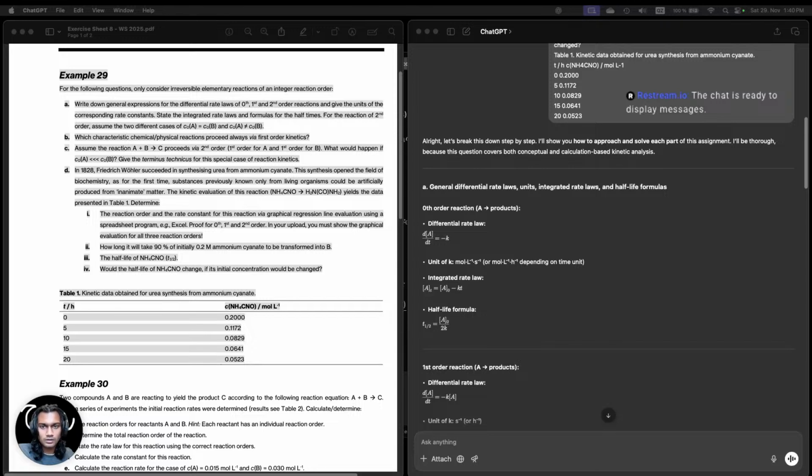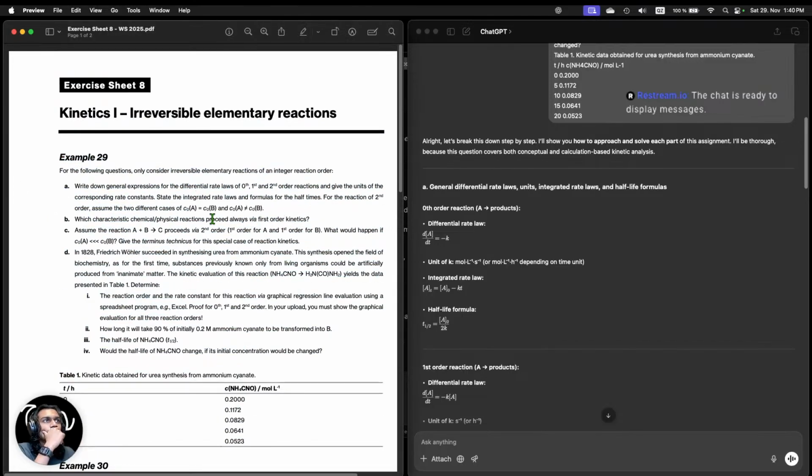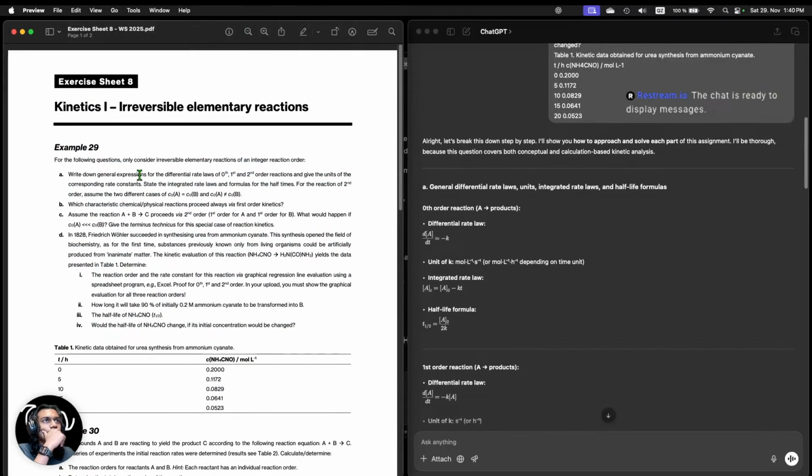Well, it's time to start with the timers. Make sure you set a timer for 30 minutes. For the following question, only consider reversible elementary reaction of an integer reaction order.